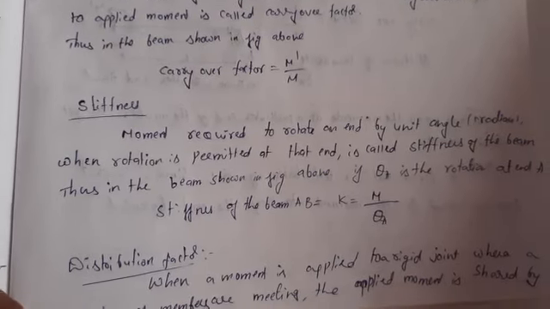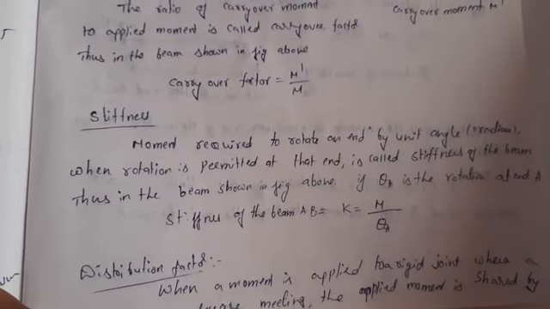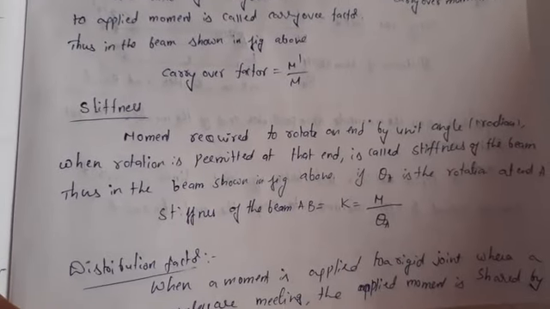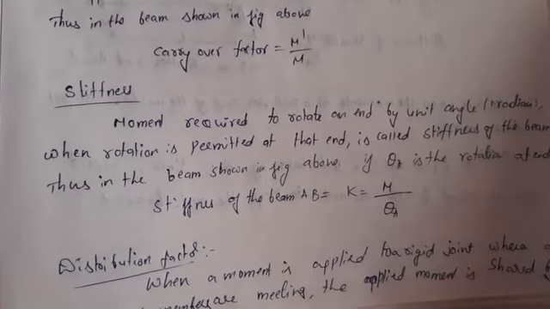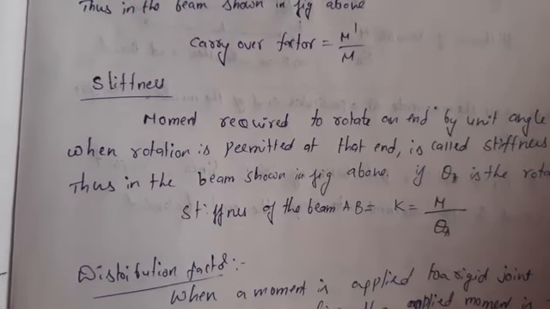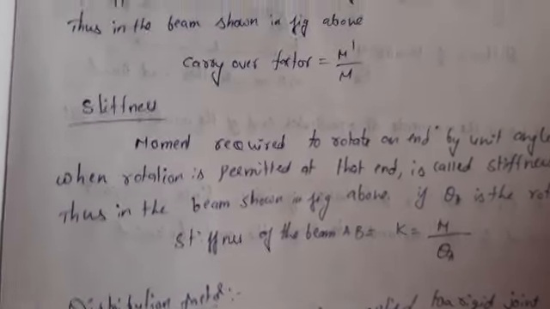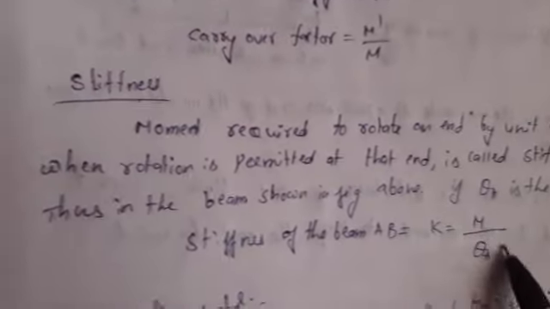Thus in the beam shown in the figure, theta A is the slope, the rotation at the end A. Then the stiffness of the beam AB equals K. K is the stiffness, equal to the moment acting at point A divided by the slope theta A. That is the stiffness formula: moment divided by the slope.